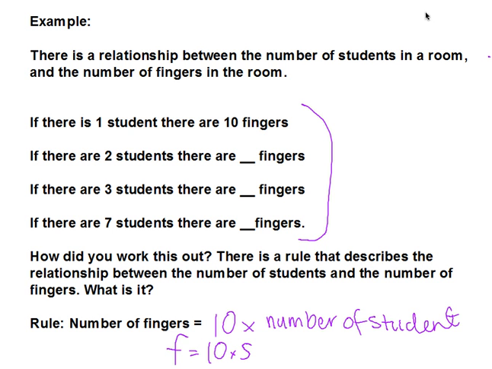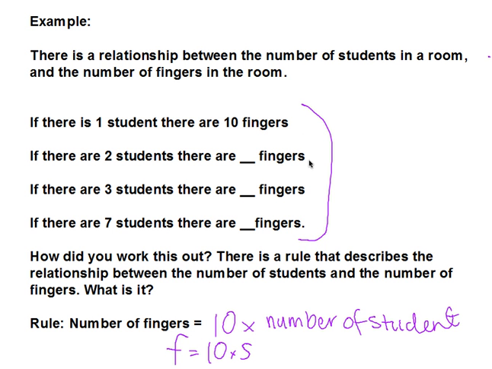Our example is that there's a relationship between the number of students in our classroom and the number of fingers in our classroom. Now I'm going to assume that every student that comes in the door has 10 fingers. It may or may not be true, but for the sake of simplicity, we'll assume everyone has 10 fingers. So if there's one student in the room, there are automatically 10 fingers in the room.